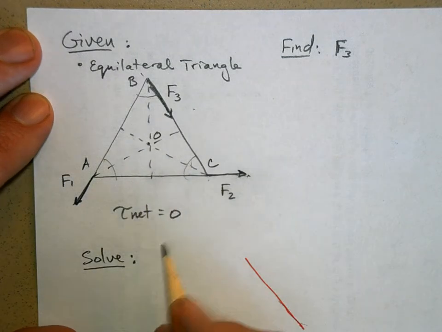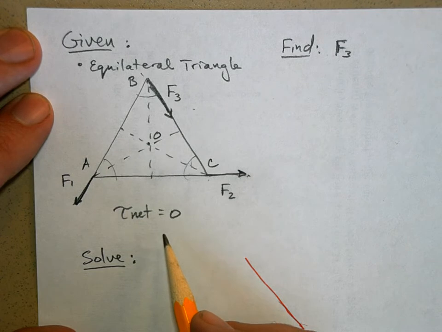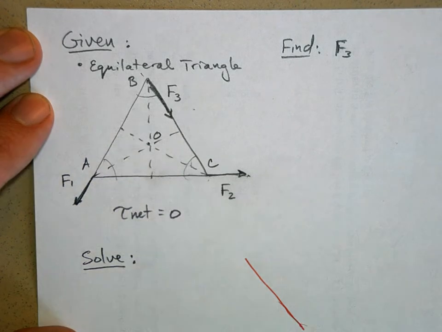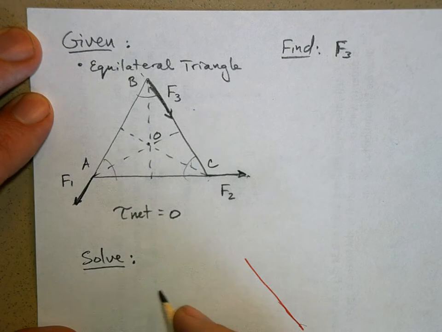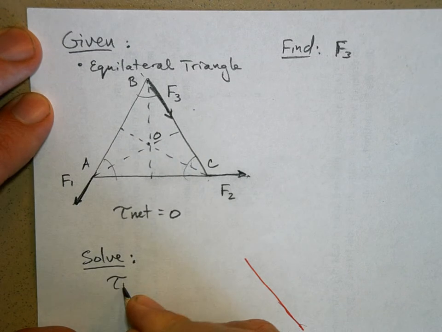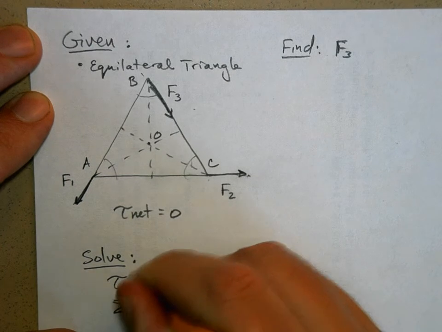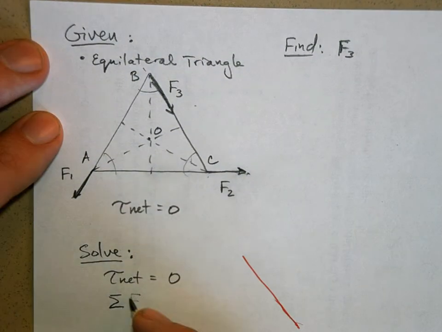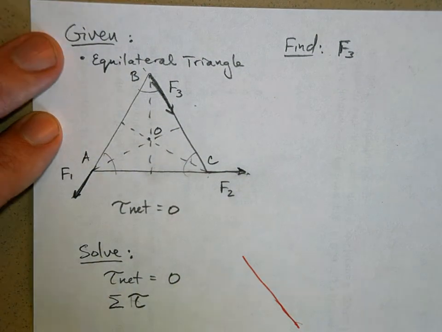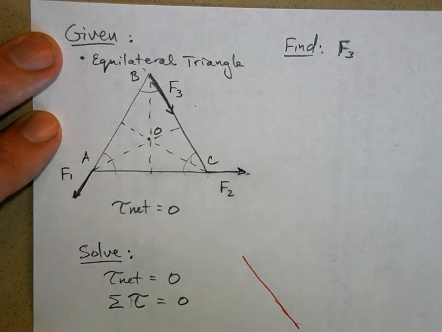But we also know that it's in equilibrium. That means the net torque equals 0. So if the net torque is equal to 0, that means if I sum all the torques together, whoops, I'm so used to writing force, if I sum all the torques, that will be equal to 0.